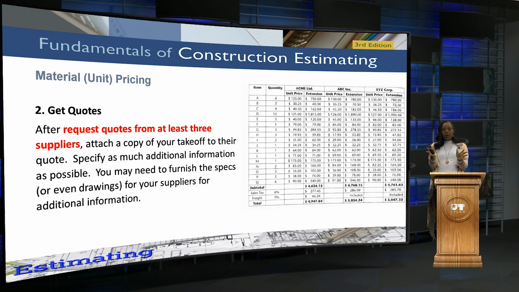So let's say you get your quotes. We've got 3 quotes from different suppliers and subcontractors. After you request your quote from those 3 suppliers, you attach a copy of your takeoff to their quote, okay? And you specify as much additional information as possible, and that's going to be very important.